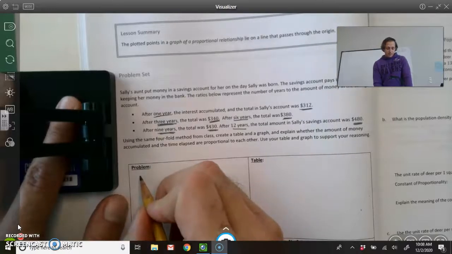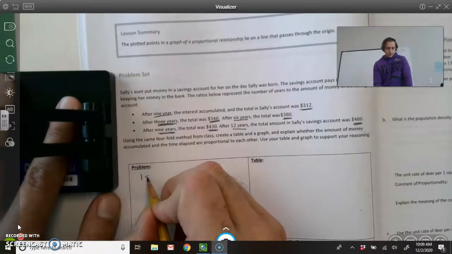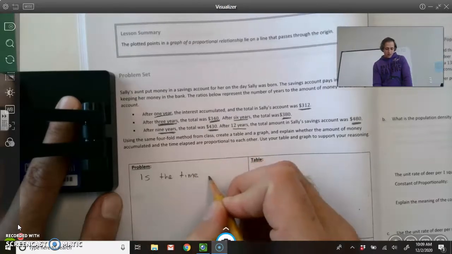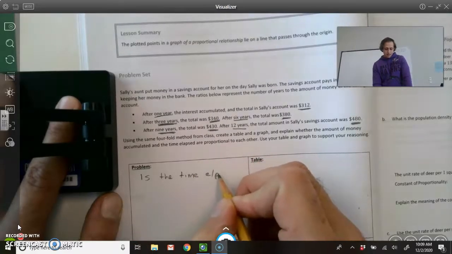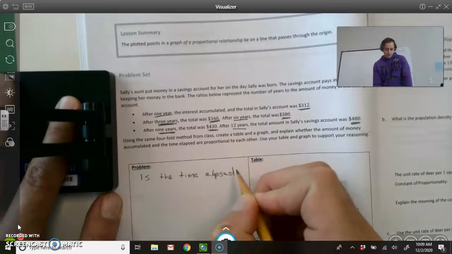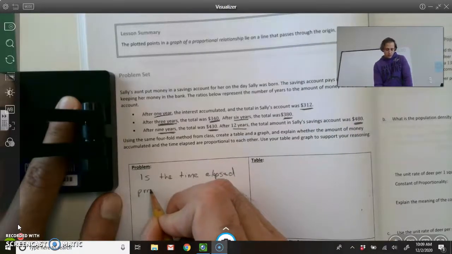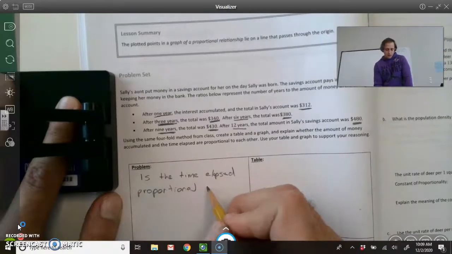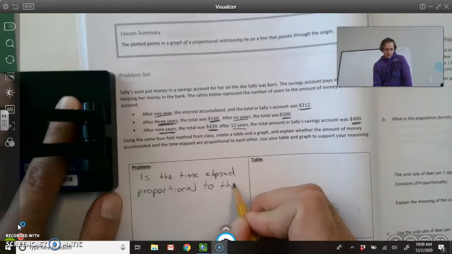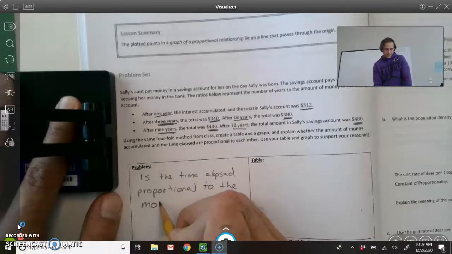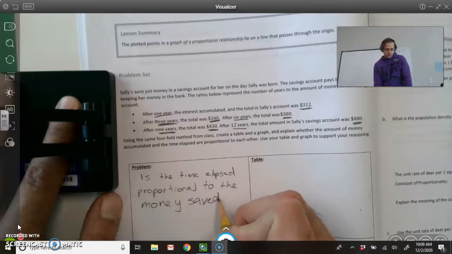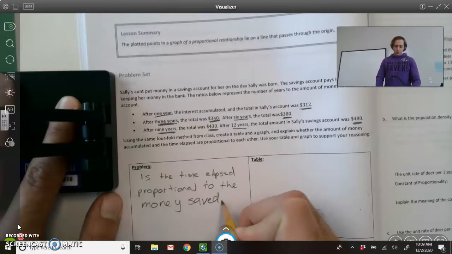It's asking, is the time elapsed proportional to the money accumulated, or we're going to use the word saved. Is the time elapsed proportional to the money saved?